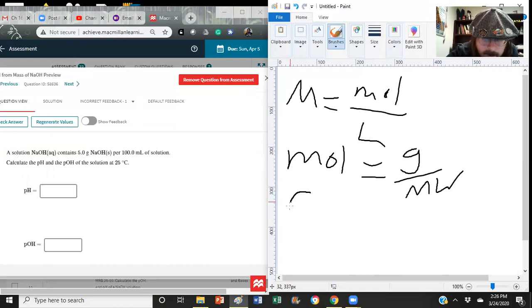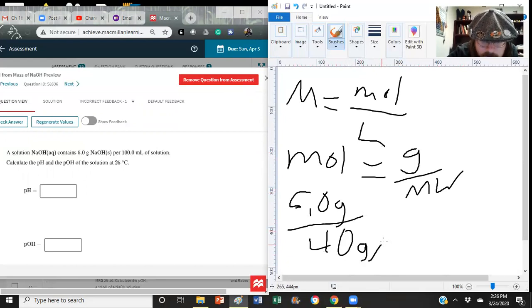So if I have 5 grams and the molar mass of sodium hydroxide is 40 grams per mole, how did he know that? Yeah, I'm a freak. 17 from oxygen and hydrogen plus 23 from sodium, that's 40. I've used it quite a bit.